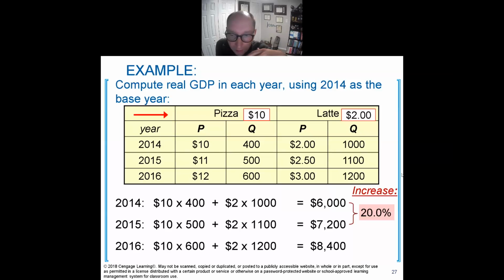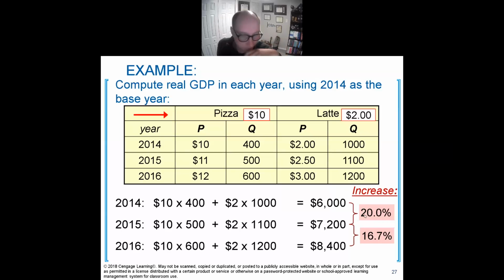But we also see that there's a difference in the increases, yeah? 2014 to 15 is 20%, 15 to 16 is 16.7. Remember, the formula to find a percent change is new minus old divided by old. So current year, 2015, minus prior year, 2014, divided by prior year, 2014.